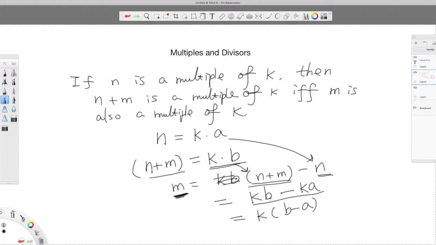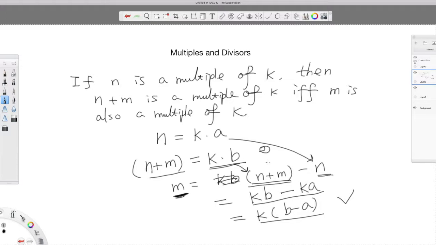So we plug in kb minus ka, and using the distributive law, k times (b minus a) is a multiple of k. So if n plus m is a multiple of k, then m has to be a multiple of k. Conversely, if n plus m is not a multiple of k, so n plus m divided by k will have a remainder, then m will also have a remainder.